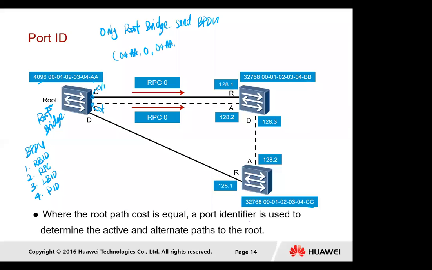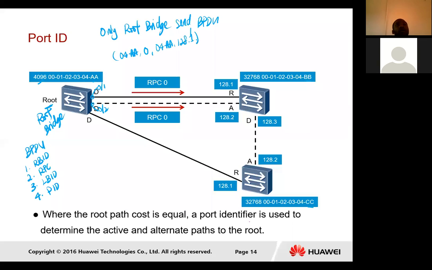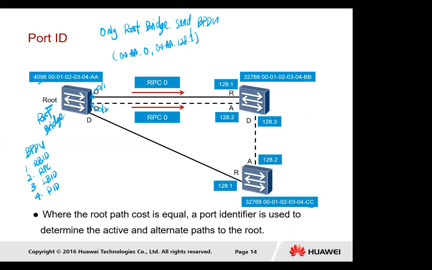This is port number 2. I will have 128.1. Below, I also send another BPDU: 04AA, root path cost 0, 04AA, and 128.2.